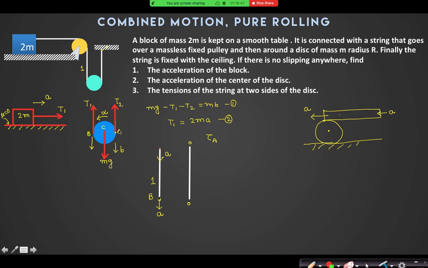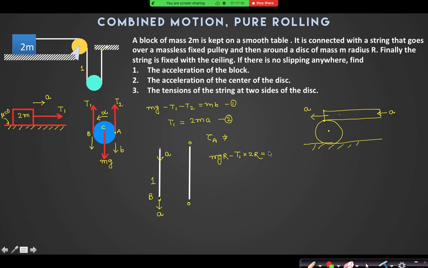Okay, sir. So if I take torque about A, what should I write? mg into R minus T1 into 2R. Yes, sir. That should be equal to what? That should be equal to I alpha. I know that, but what is I?